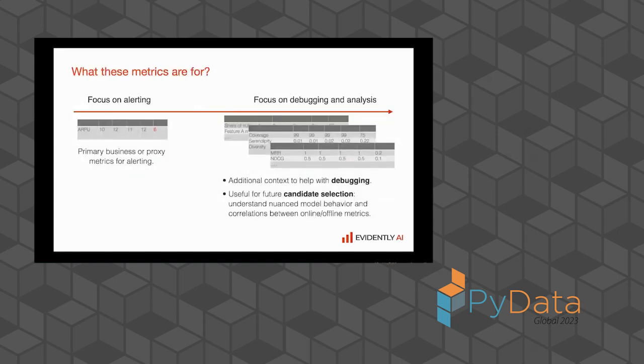Well, going back to the metrics in monitoring, we can kind of rank our metrics from the monitoring issues to the debugging issues. And if you focus more on monitoring and alerting, then you should be implementing primary business metrics and some online proxy metrics, right? But if you want to have full-scale durability and focus also on debugging and analysis, it makes sense to add some offline metrics and analyze the connection between the offline metrics and online metrics.